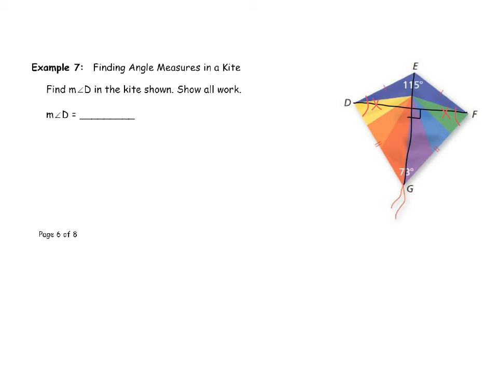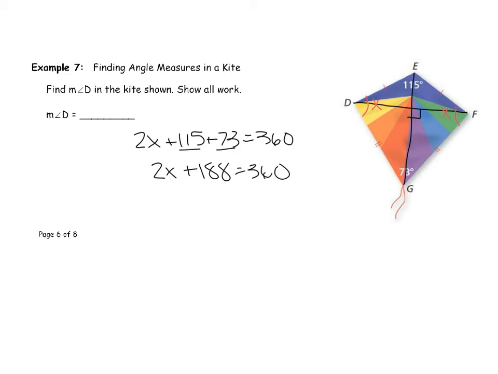So recalling the total sum of a quadrilateral is 360. So if we add these all up, we have to make them equal to 360. So I have 2x, x plus x is 2x, plus the 115 plus the 73 has to equal 360. Let me combine those terms. So 115 plus the 73 is 188, equals 360, right?